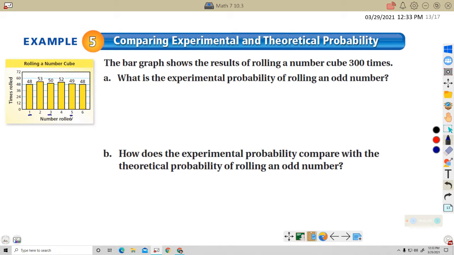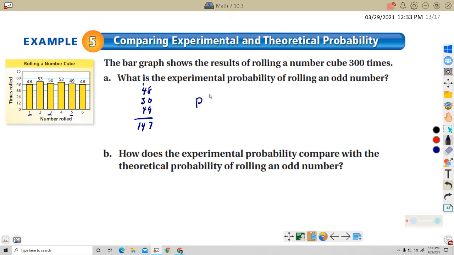Again, 1, 3, and 5. 48, 50, and 49. 48 plus 50 is 98, plus 49 is 147.